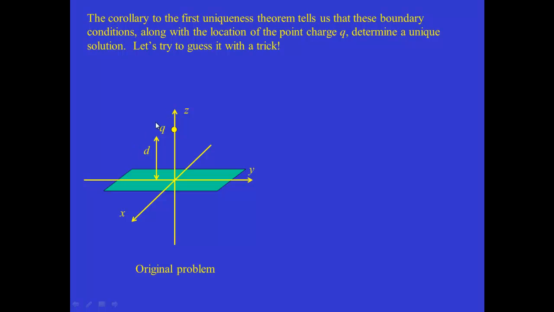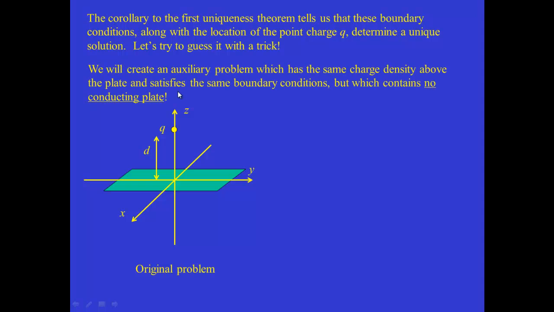So here's the original problem. And what we're going to try to do is guess the solution to this problem using a trick. So what's the trick? The trick is to create an auxiliary problem which has the same charge density above the plate and satisfies the same boundary conditions, but that contains no conducting plate, because it's the charge on the conducting plate that makes this problem difficult to solve.